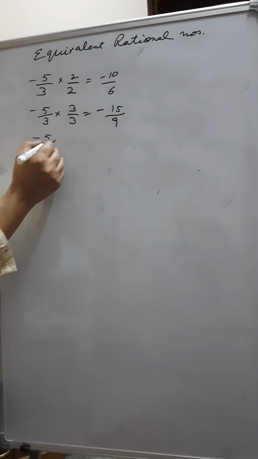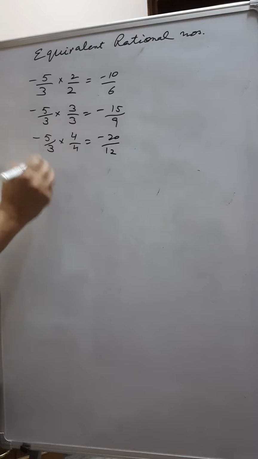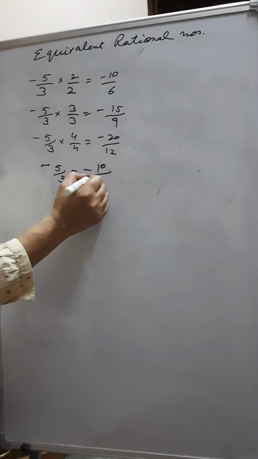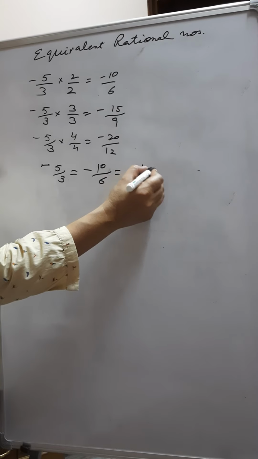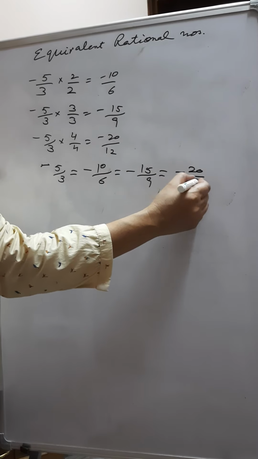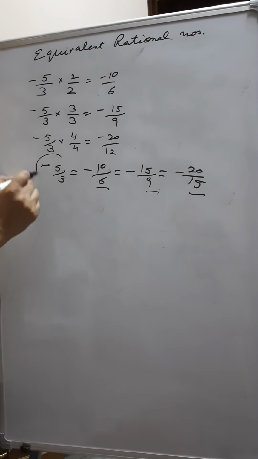Minus 5 over 3 multiplied by 4 over 4 is minus 20 over 12. Minus 5 over 3 is equal to minus 10 over 6, is equal to minus 15 over 9, is equal to minus 20 over 12. These are all equivalent fractions of minus 5 over 3.